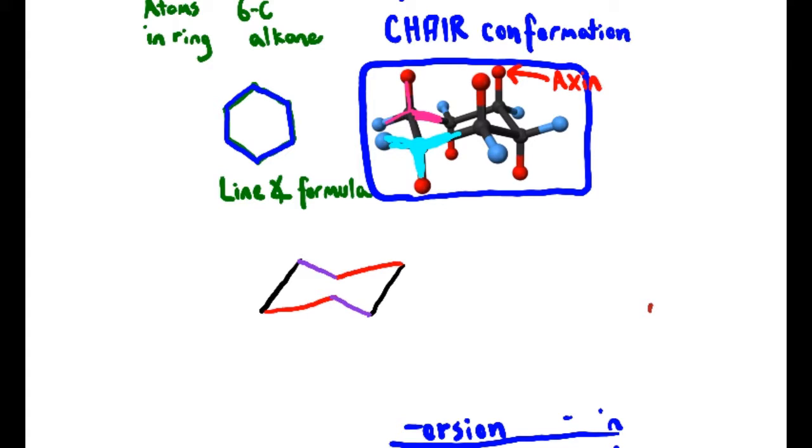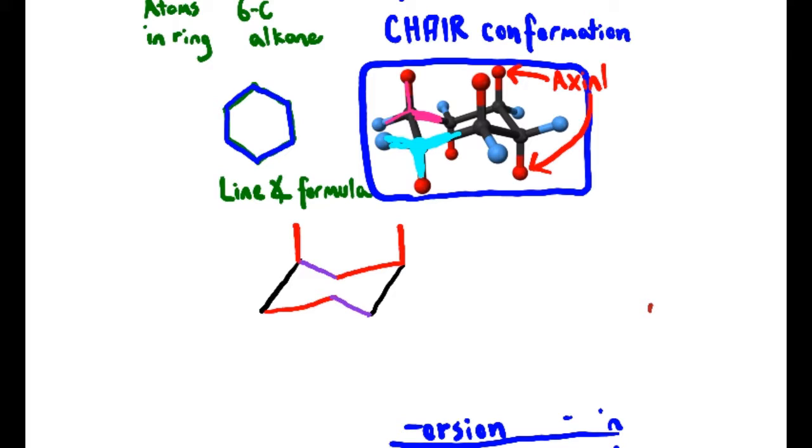We can show that in our chair conformation that we've drawn down here below by using lines that point straight up or straight down. So as we go around the ring, if we start at either of the top two corners here, you're going to see that those groups are always axial and pointed straight up.